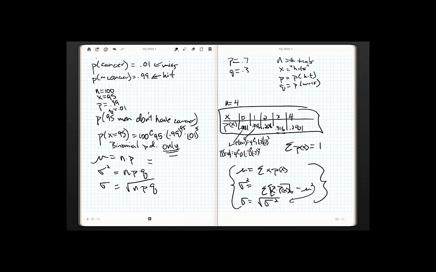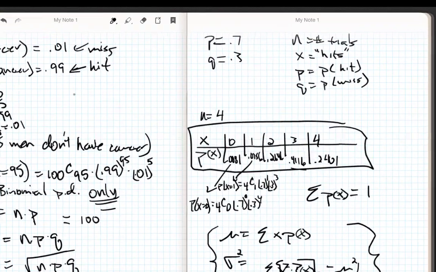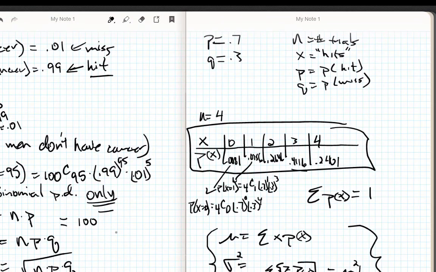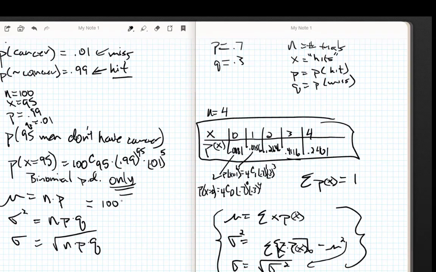So for this one, watch. All I have to do is take n, which is 100, and multiply it. Now, wait. Remember what a hit was. We're talking about the average number of patients that won't have cancer within the context of that problem. Just be really careful. You guys are going to drive me crazy.